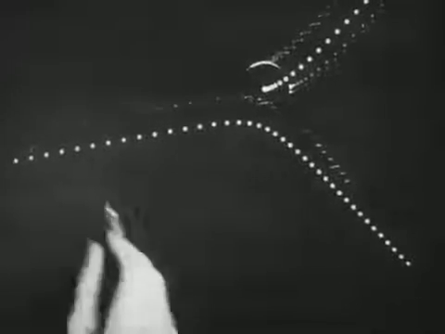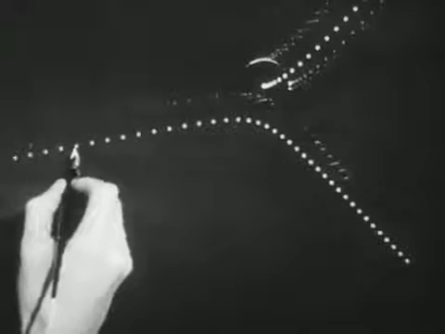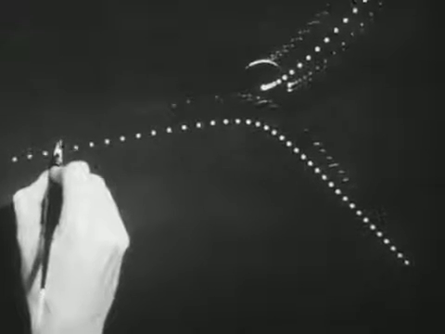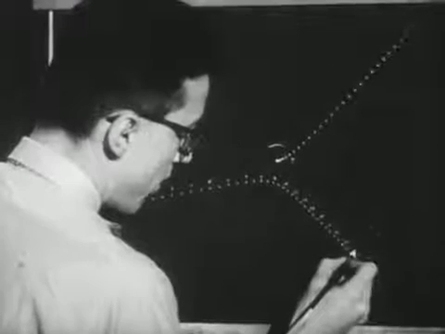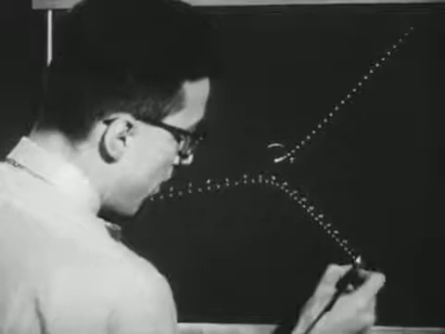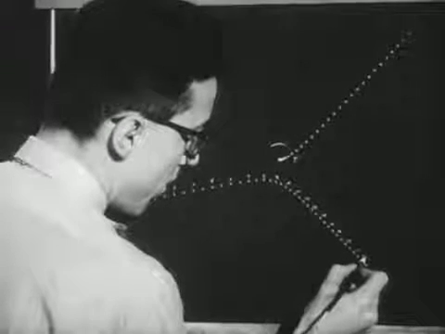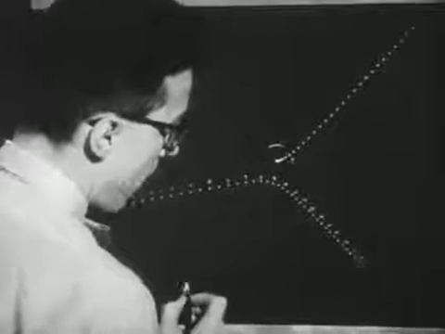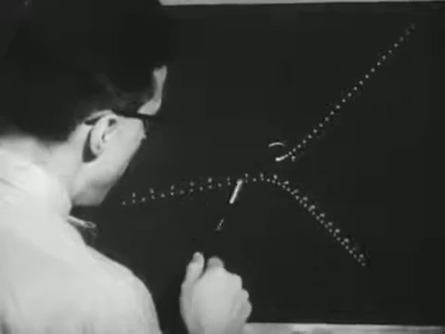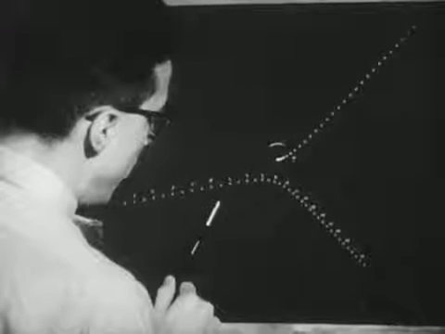Then 2 flashes later, the puck had moved to here. Interval number 2. 3. 18. And 19. Now, offhand, I don't know just during which time interval this second puck started to move.